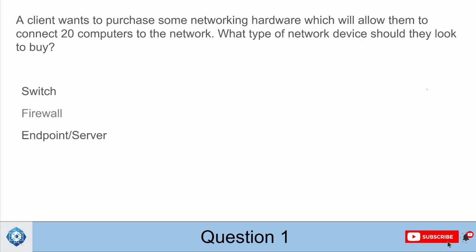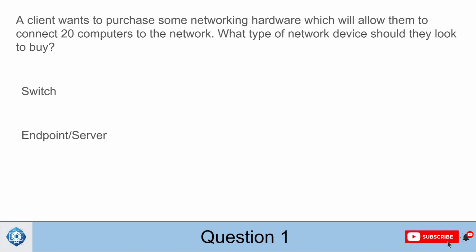So next up, we can eliminate a firewall. Again, if you remember, a firewall is a security appliance that allows you to filter, screen, and prevent network-related attacks. This is something that you want to have in place on your network, but it's not going to be the best to connect 20 different computers.